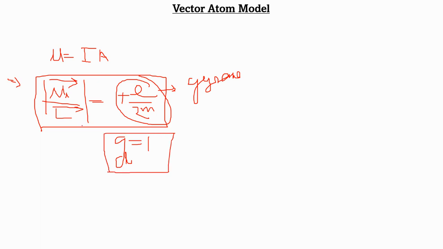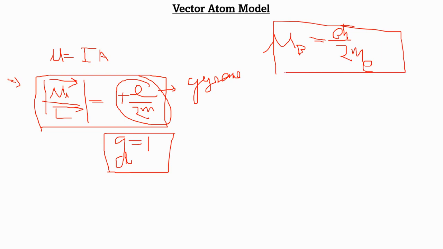The unit of atomic orbital magnetic moment or spin magnetic moment is the Bohr magneton, and the Bohr magneton has the expression mu B equals e h cross by 2 m e.